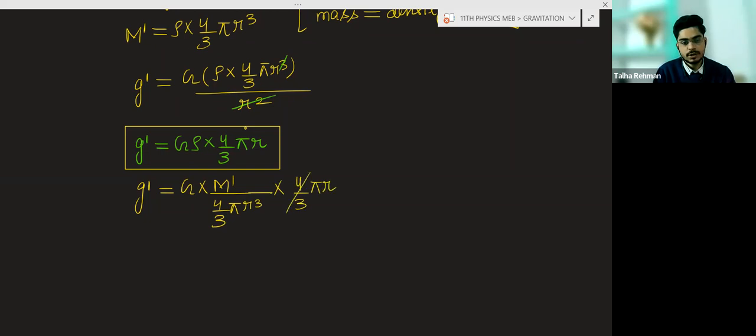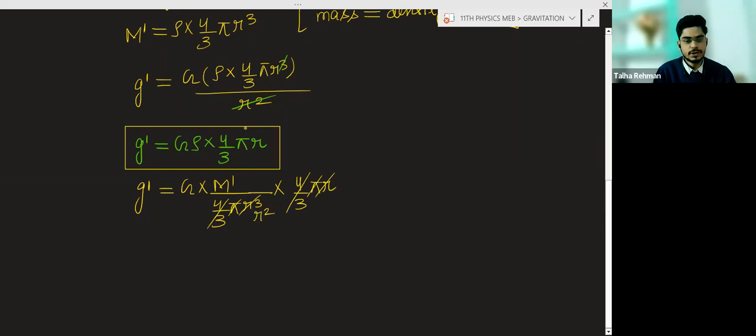So this 4 upon 3 cancels out, and this pi will also cancel out, and this r will cancel out. So here will be r square. So the value of g dash will be, this is also a formula you can learn.